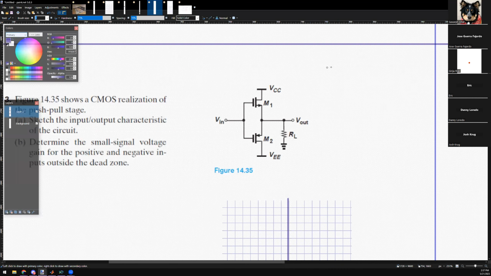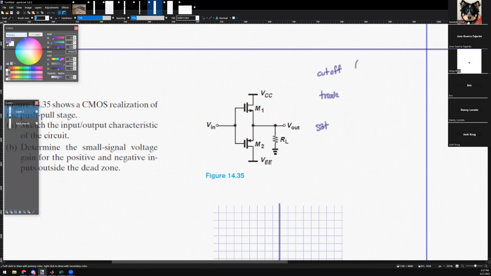So recall that a MOSFET has 3 regions: cutoff, triode, and saturation. Cutoff is when VGS minus VTH is less than 0. For both triode and saturation, VGS minus VTH is greater than 0.